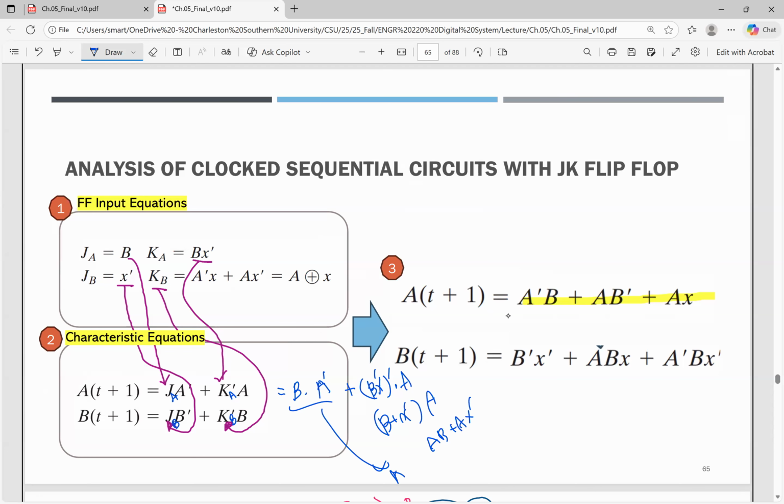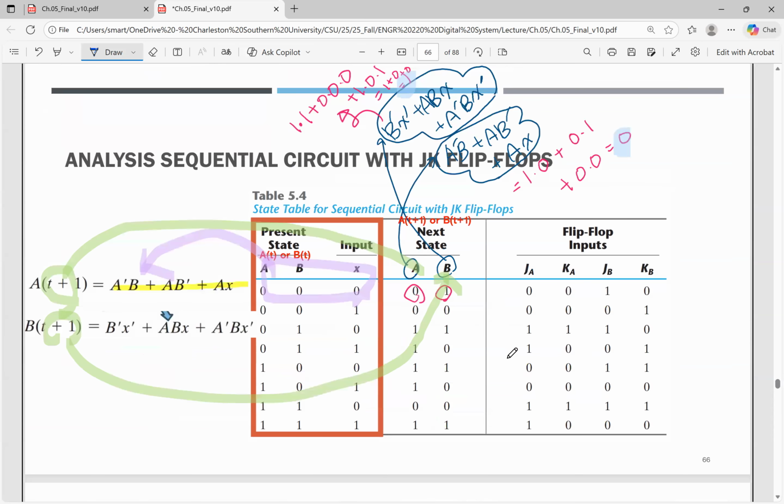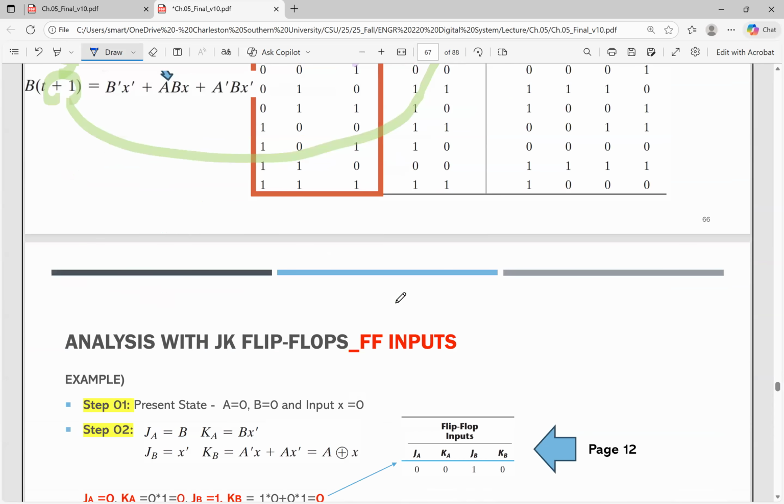So right there, A prime B. Here we go, something like this. Okay, so we're going to find A of t plus 1 and B of t plus 1.